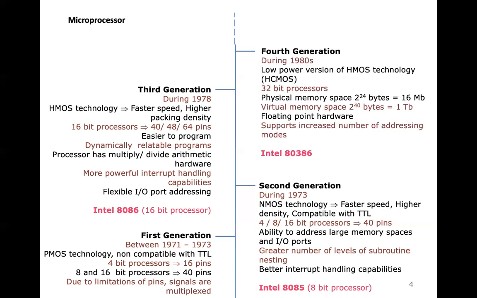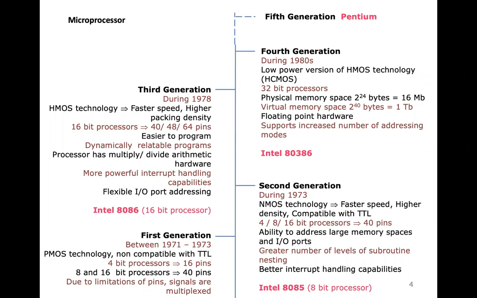Now the fourth generation is 80386 and 80486, which are 32-bit, and Pentium 1 is also a fourth generation microprocessor. Then the fifth generation is all 64-bit. Now our 64-bit processors are all fifth generation.